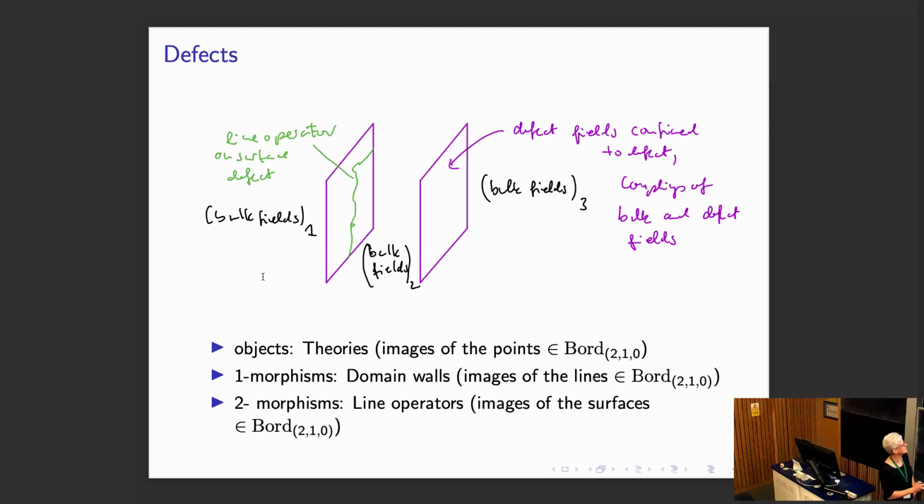So in this picture, they are surface defects, and on the surface defects you can have line defects, and on line defects you may have local operators, and then this whole thing assembles to a category. And in our situation, we want the theories to be the images of the points, and the domain walls the images of the lines in this category, and then the line operators to be images of the surfaces.